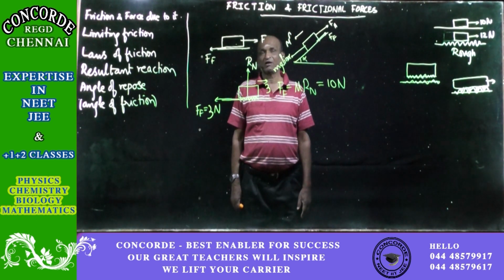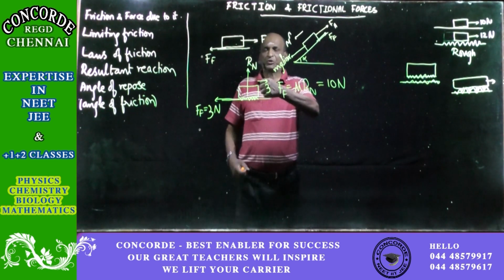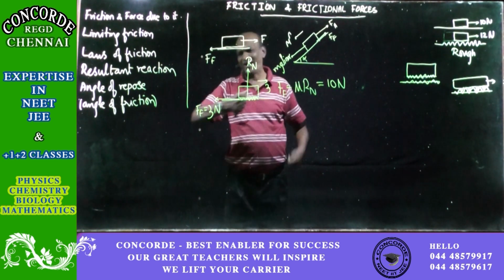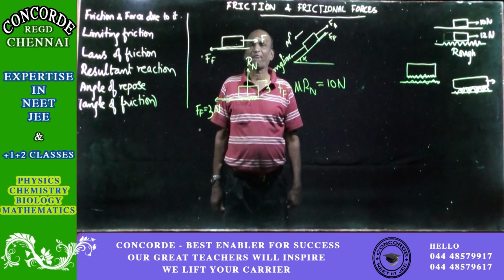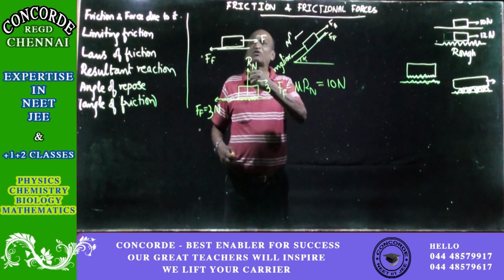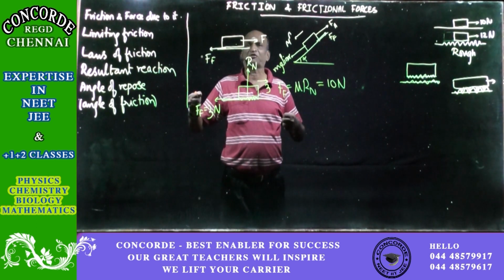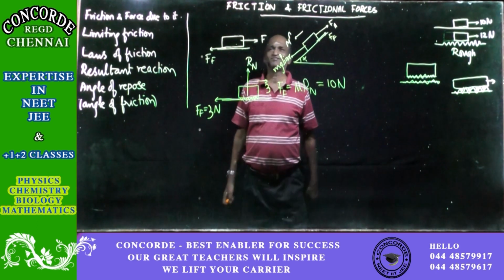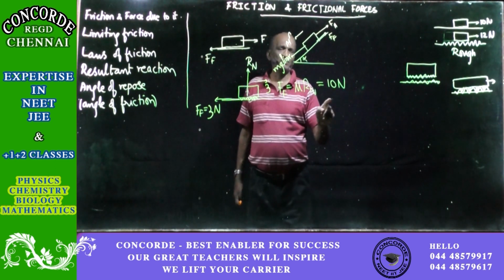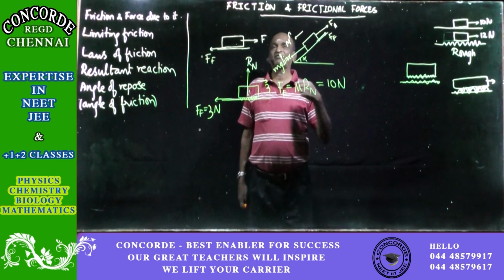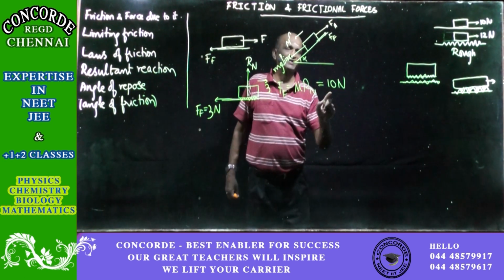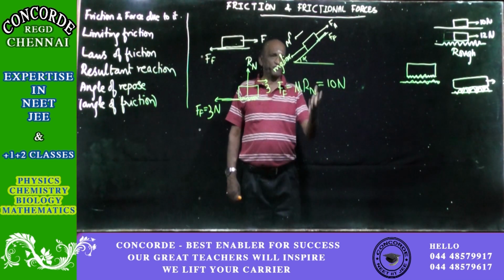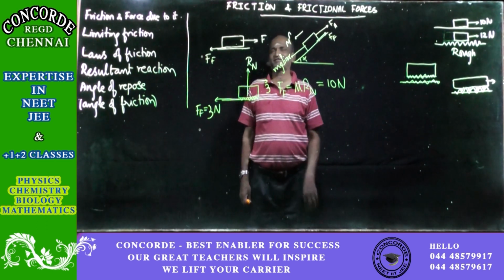Remember that. So, 2 Newtons applied, friction force 2 Newtons; 3, 4, 9, friction force is also 9. When you apply 10 Newton force, friction force also becomes equal to 10. When you apply 11 Newton force, friction force is 10. So this is a maximum value. When we apply a force more than the maximum value of friction, the frictional force will not increase.